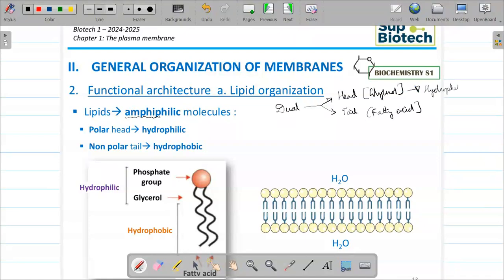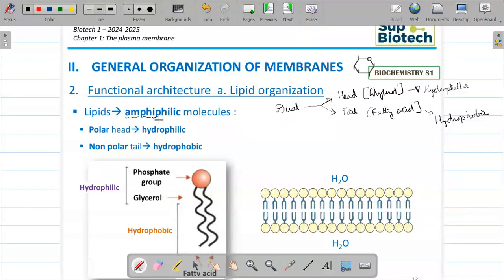They are water loving, and they focus outside. The tail end is focused inside; that is called the hydrophobic end. So we have a hydrophilic end and a hydrophobic end, which gives them an amphiphilic nature.